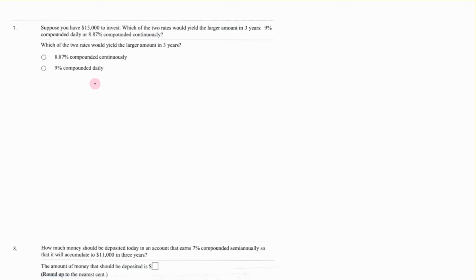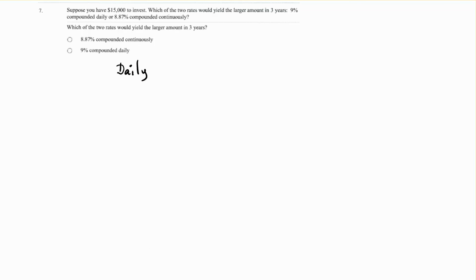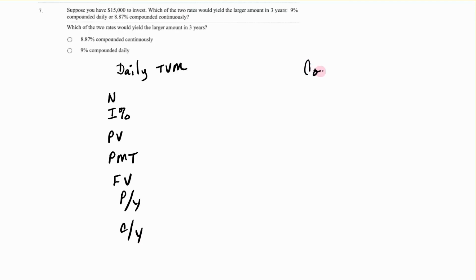All right, for the first one, the one that's compounding daily, I'm going to use the TVM solver: N, I percent, present value, payment, future value, P per Y, C per Y. For continuous, I will use A equals P e to the rt power, and I will do it on the home screen.